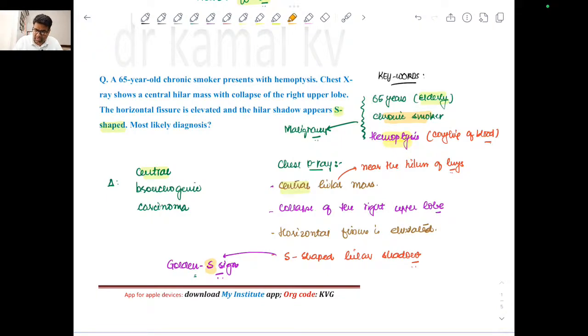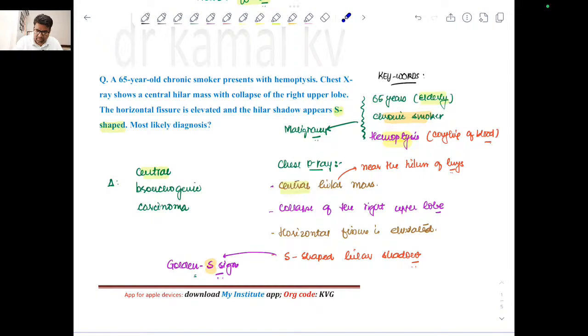So what happens? The horizontal fissure, which is something like this, gets elevated and the hilar shadow creates a reverse S sign. So this is the golden S sign, right? Somewhat like this if we see on X-ray.